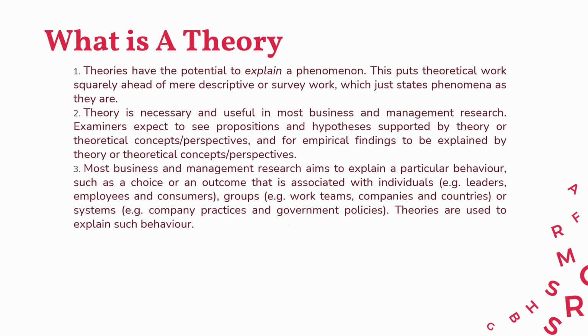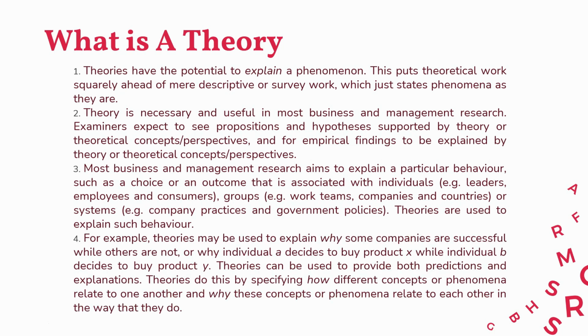So we use theories to explain how leaders, employees, and consumers may be interrelated with each other, or how company policies affect employees or consumers, or how government policies may moderate the relationship between leaders and employees, or leaders and companies. These are the things that the theory will help you explain.